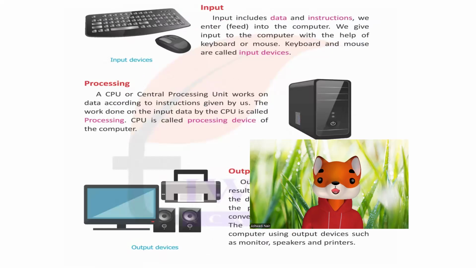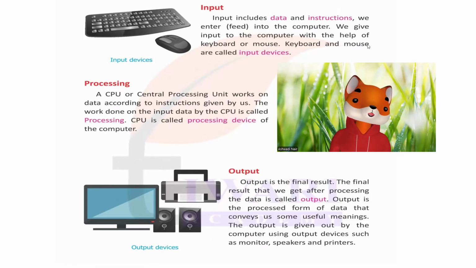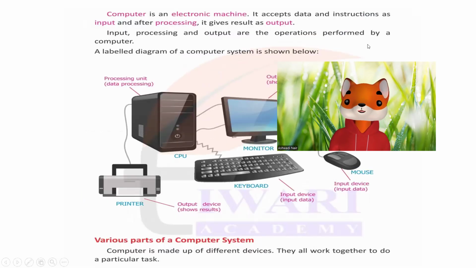We have seen input, processing and output in detail, with a few examples of input and output devices. In the next section we are going to do the revision. I will be taking a short quiz based on these three topics, input, processing and output. These are all operations performed by the computer.